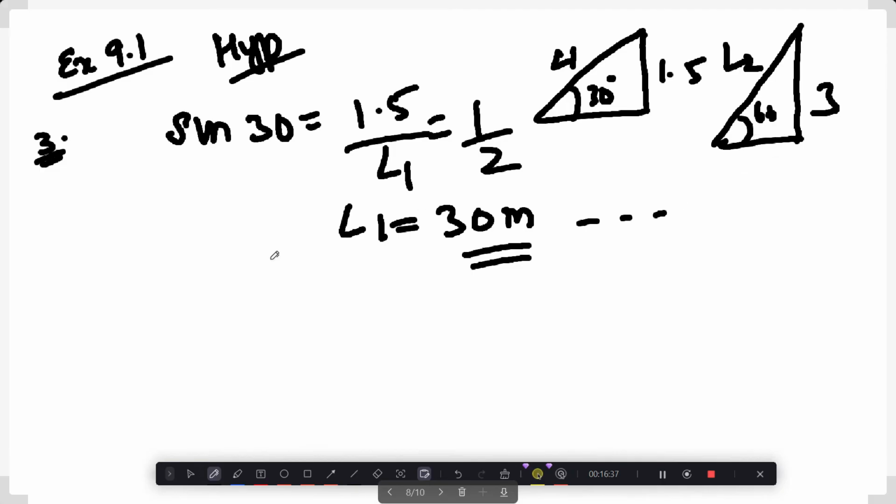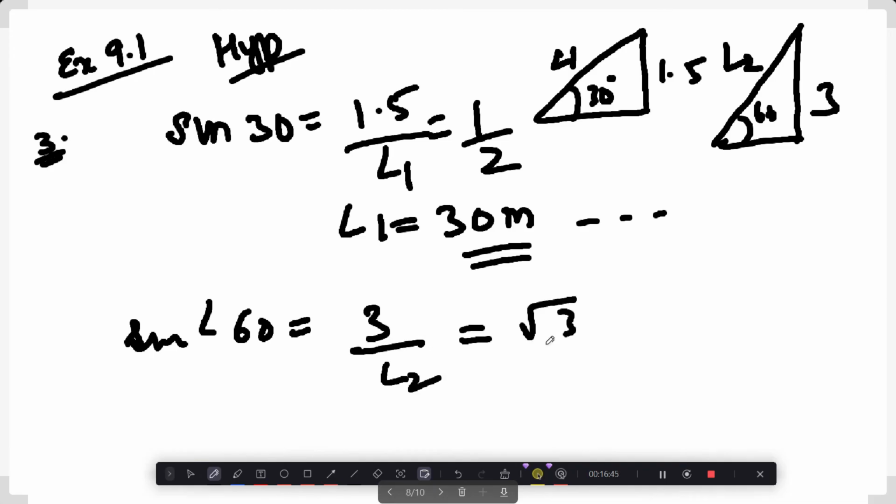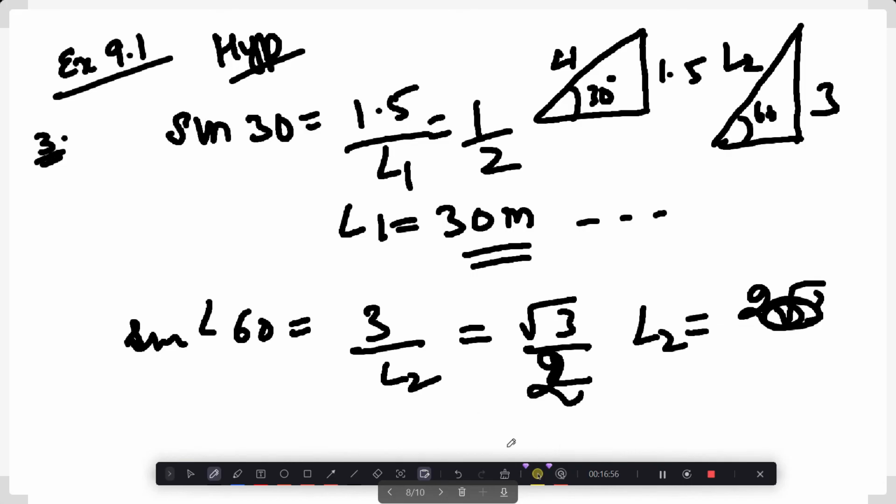For older children, sine of 60 degrees is 3 by L2, which is what? Root 3 by 2. So what is L2? 6 by root 3.